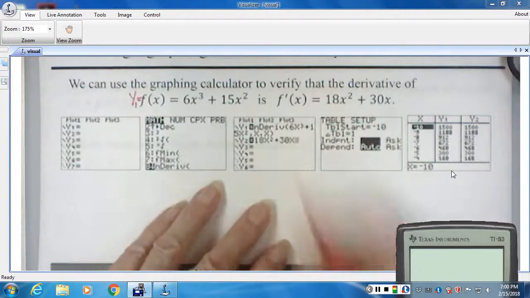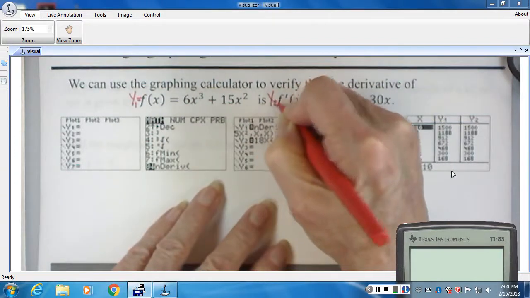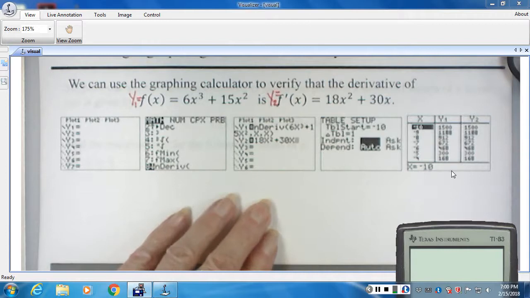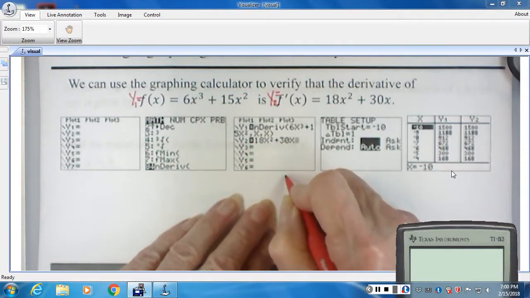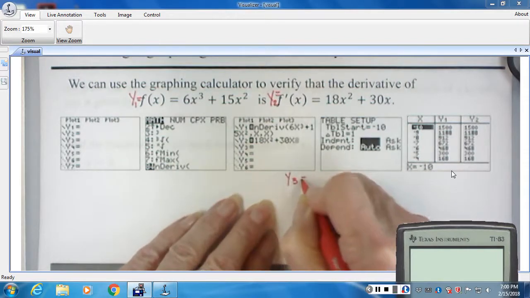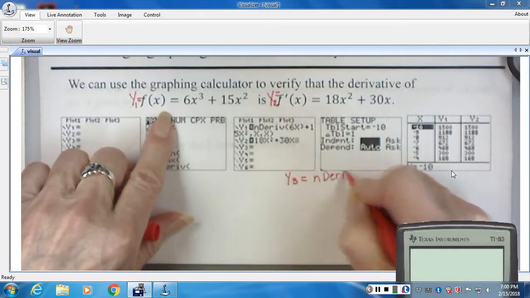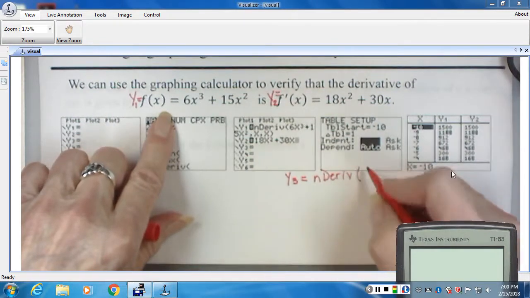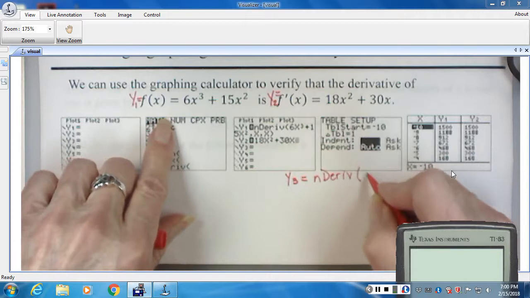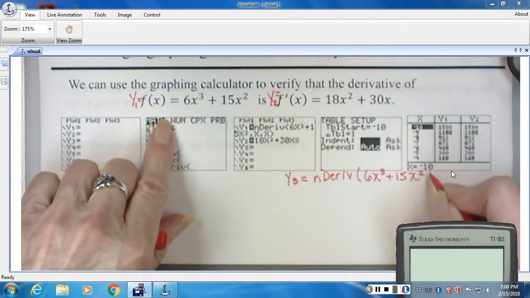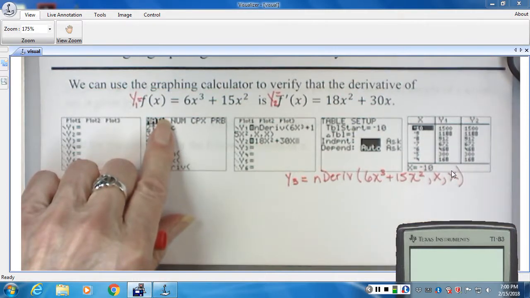And then you put in y2 the derivative of that function. And then you put in y3 nderiv of y1, or type in the function, with respect to x for all values of x.